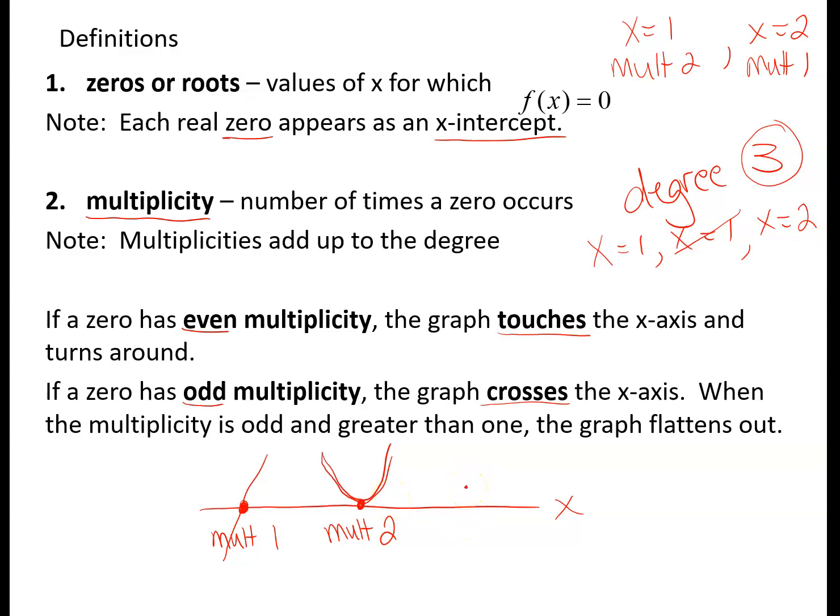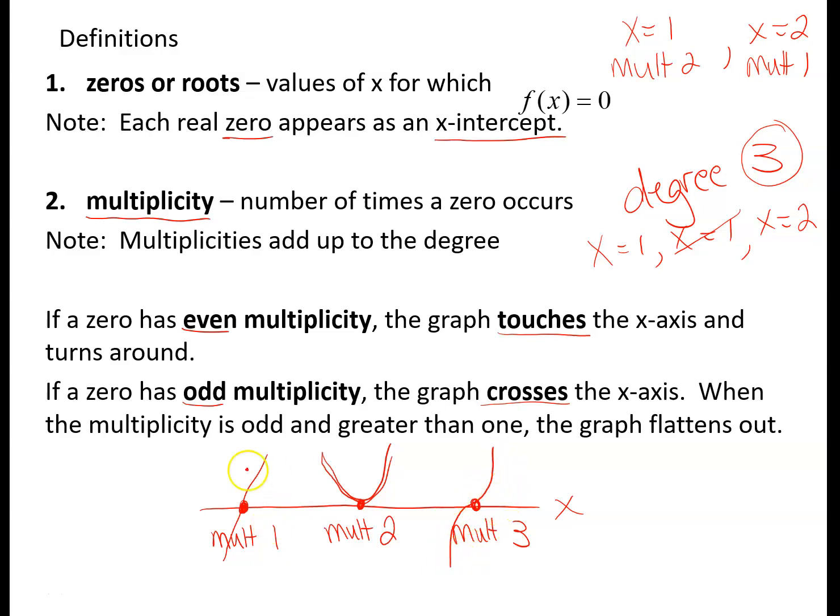Now there's one other thing that will help also. It says when the multiplicity is odd and greater than 1, the graph flattens out. So let's say here's another x-intercept, and it has multiplicity 3. So it's still going to cross because it's odd, but it's going to kind of flatten as it crosses, kind of like x cubed does.